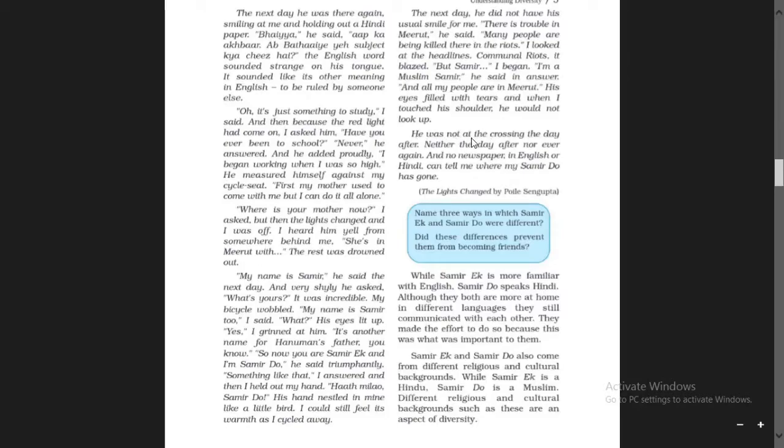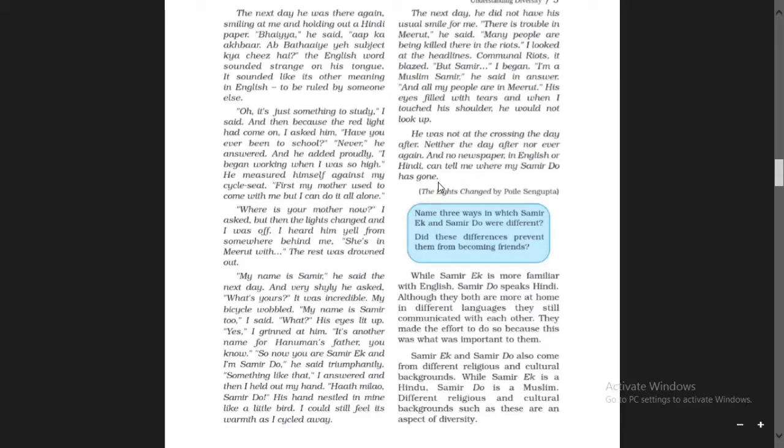He was not at the crossing the day after, neither the day after nor ever again, and no newspaper in English or Hindi can tell me where my Shamir Do has gone. See, he was not at the crossing the day after.